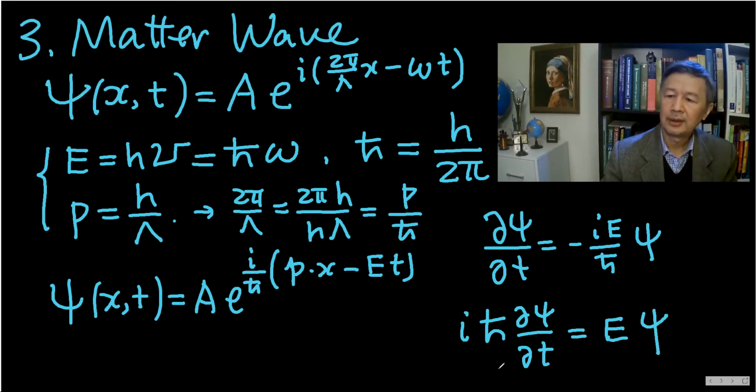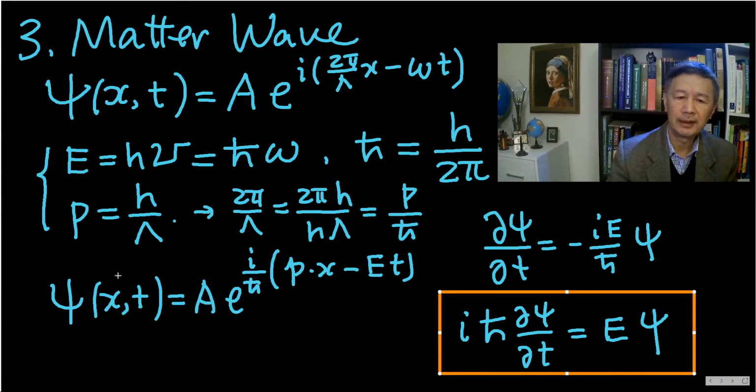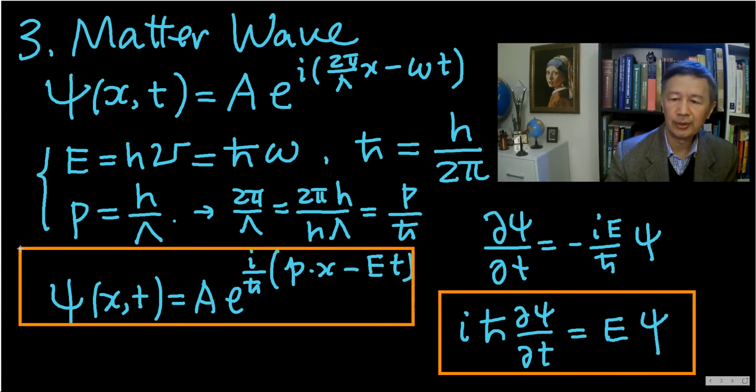Okay, so this is actually part of the Schrodinger equation. We are talking about the other side too. So in this case, we can obtain what we call the Schrodinger equation.